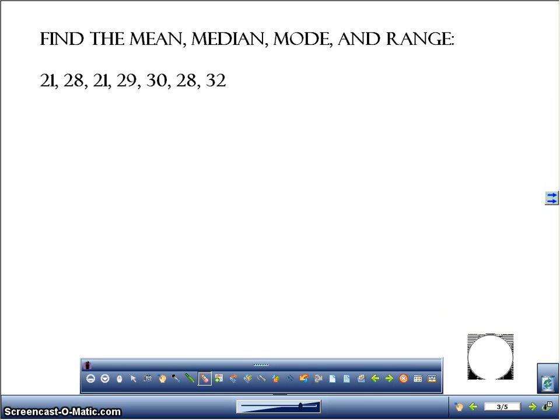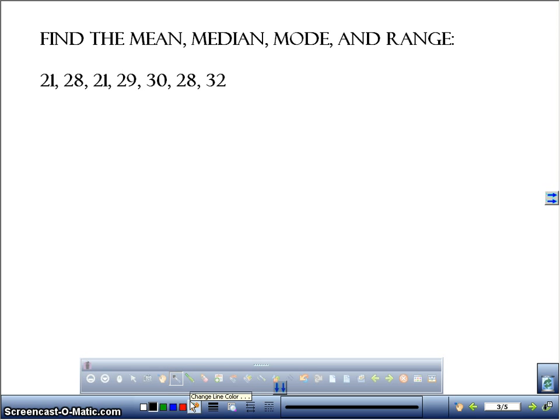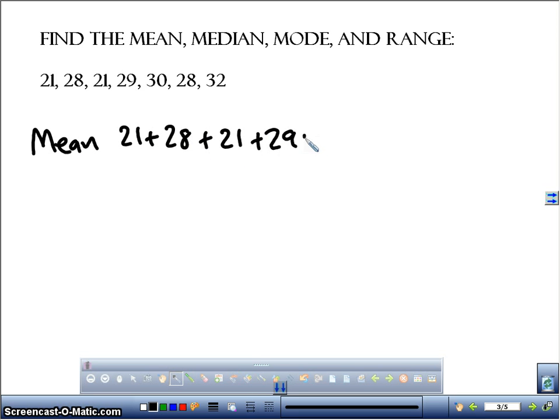Okay, so we need to find the mean, median, and mode of this data right here. I've got 21, 28, 21, 29, 30, 28, and 32. To find the mean, you add all your numbers together. So I go 21 plus 28 plus 21 plus 29 plus 30 plus 28 plus 32.